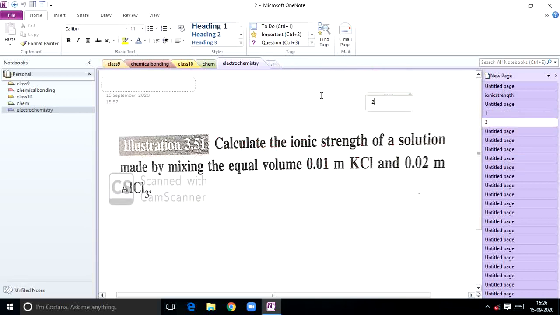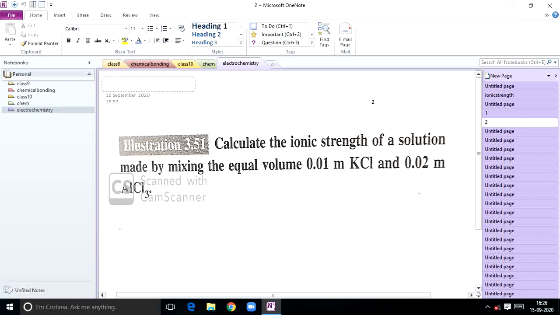See, next one. Calculate the ionic strength of the solution made by mixing equal volumes of 0.01 molal KCl and 0.02 molal AlCl3.